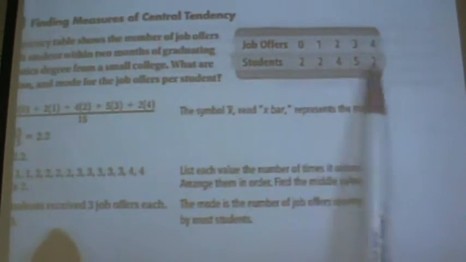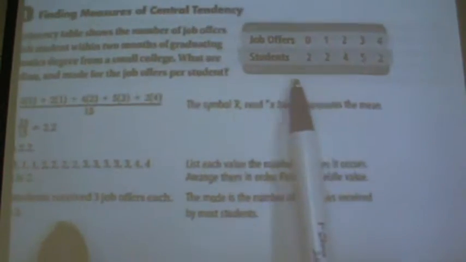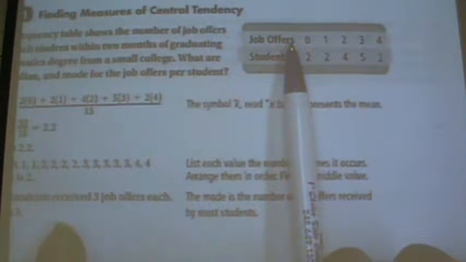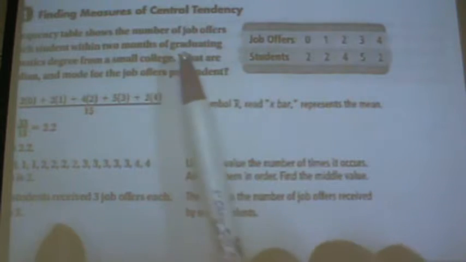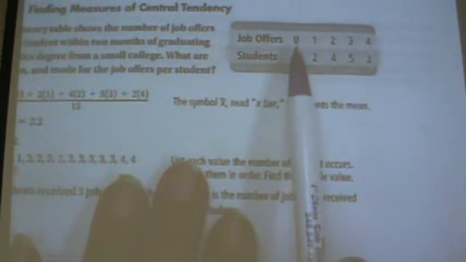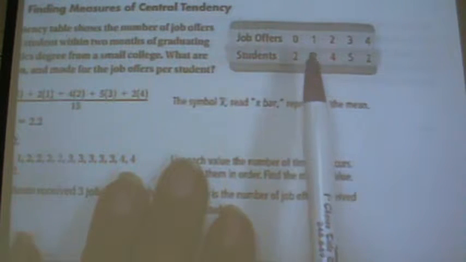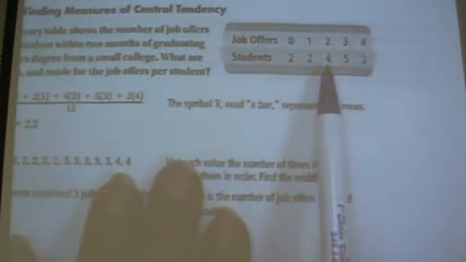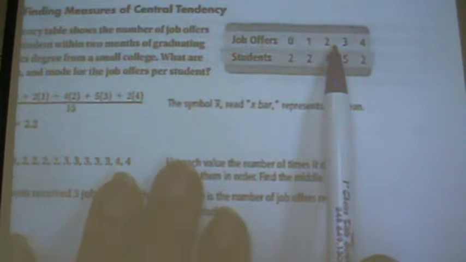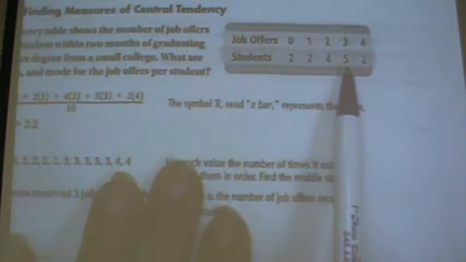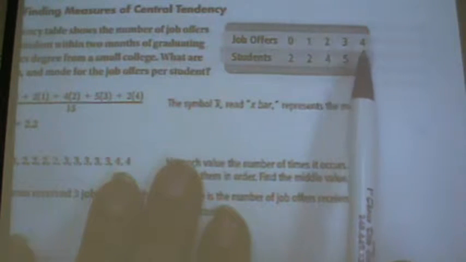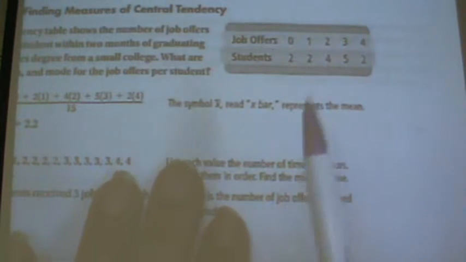So all that you have here, I'm just going to go through this super quick. We have a frequency table, and what this table says is how many job offers a student gets within 2 months of graduating. So the way you read this is 2 students received 0 job offers. 2 students received 1 job offer. 4 students received 2 job offers. 5 students received 3 job offers, and 2 received 4 job offers.